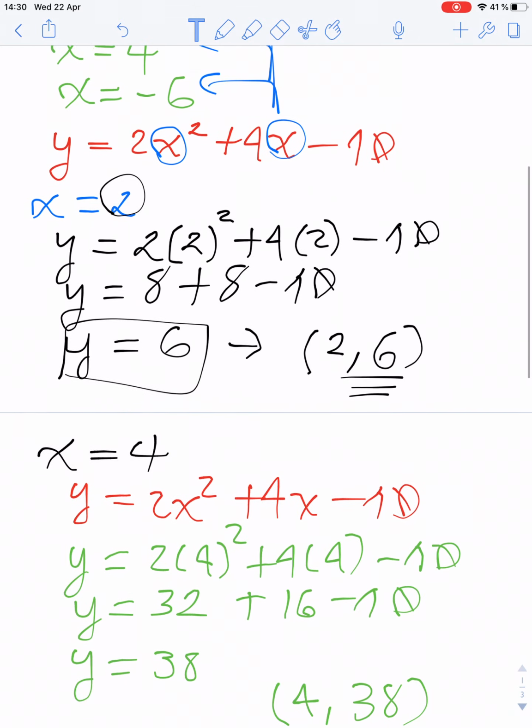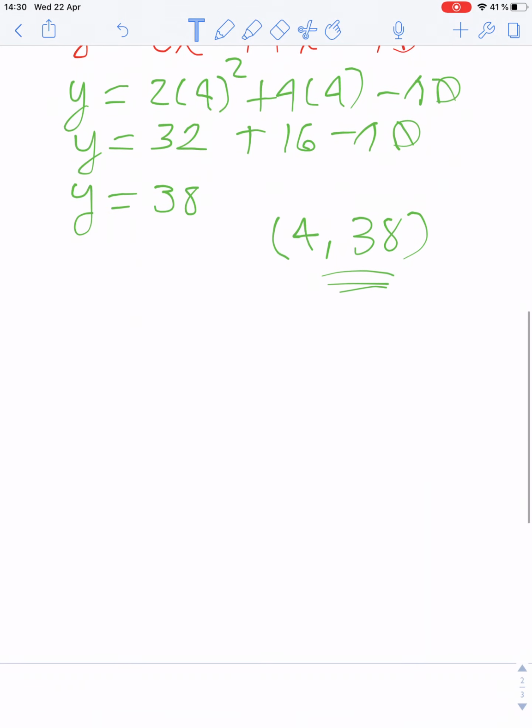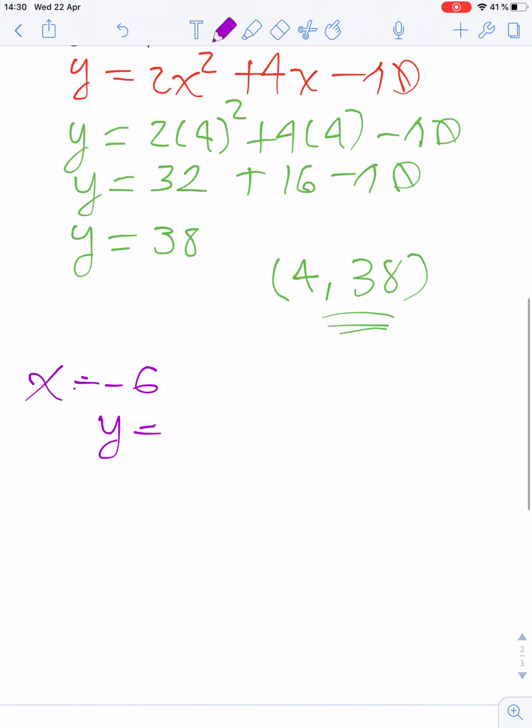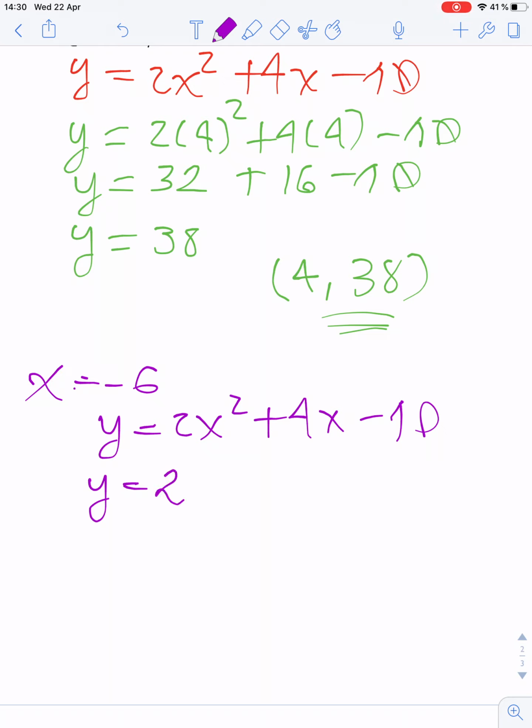Finally, we're going to apply the same by replacing the value when x is equal to minus 6. Writing again the equation, 2x squared plus 4x minus 10. Now replacing x when x is equal to minus 6: 2 times minus 6 to the power of 2 plus 4 times minus 6 minus 10.